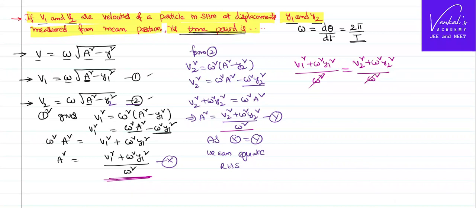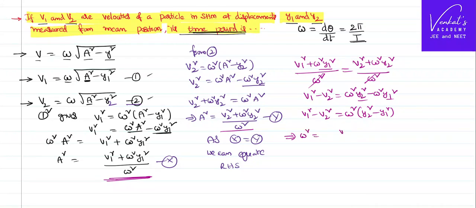Getting v2 square to this side and this term to that side, omega square y2 square minus omega square y1 square. I can take omega square common in both these terms. Y2 square minus y1 square will remain, equal to v1 square minus v2 square.